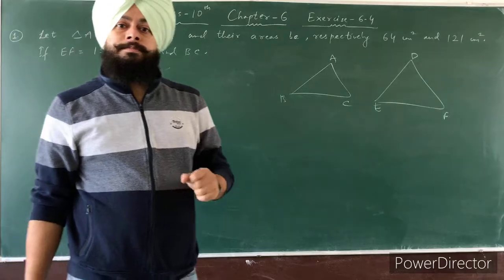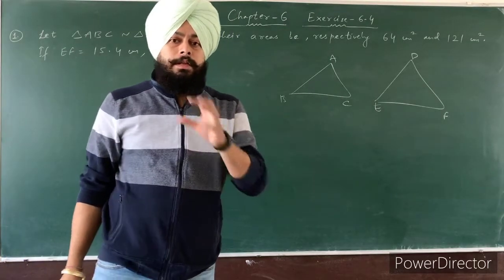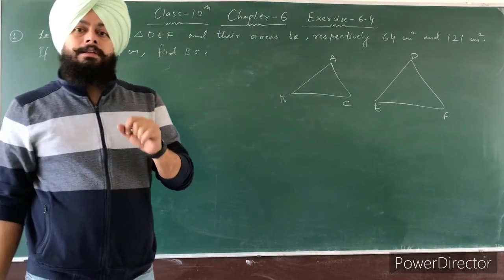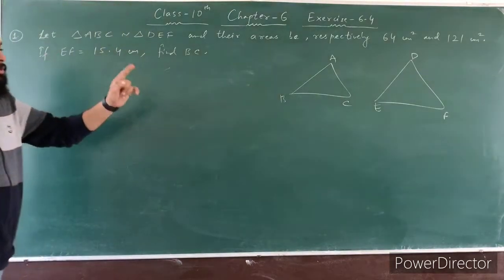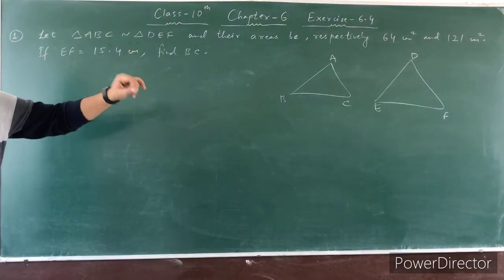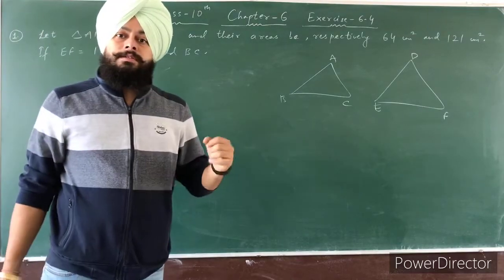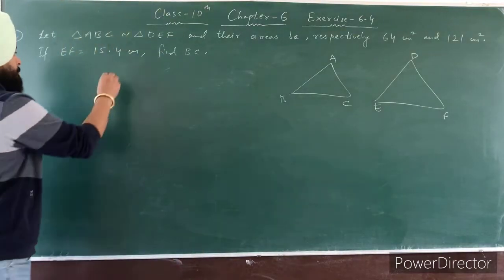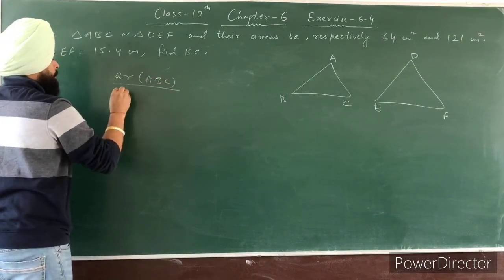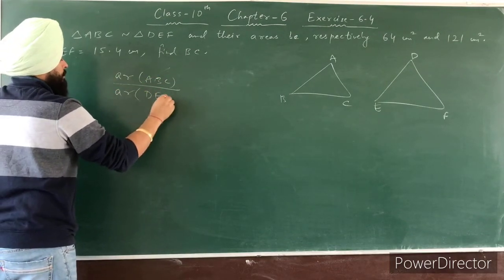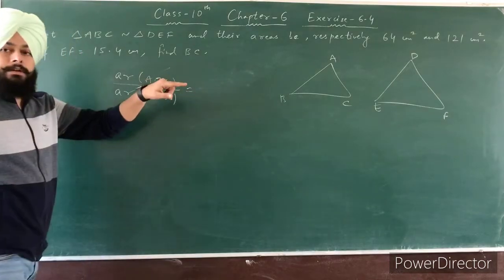From theorem 6.6, if two triangles are similar, then the ratio of the area of these two triangles is equal to the square of their corresponding sides. Area of ABC over area of DEF, second triangle.